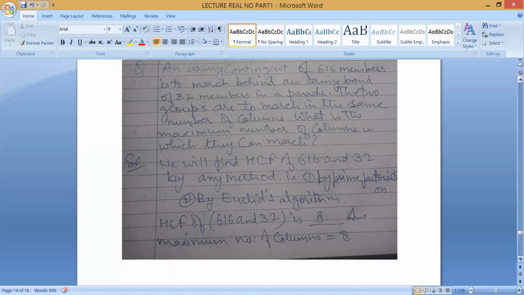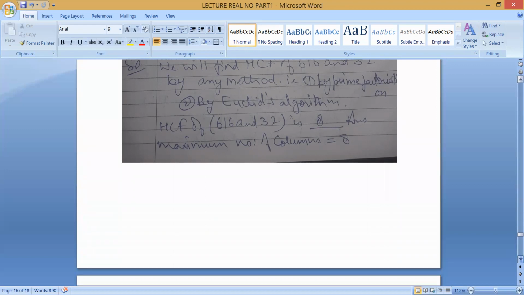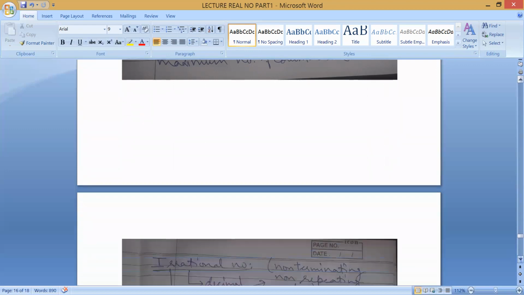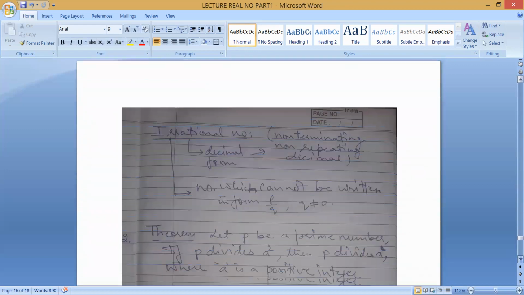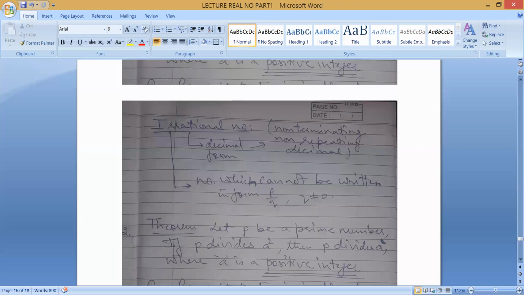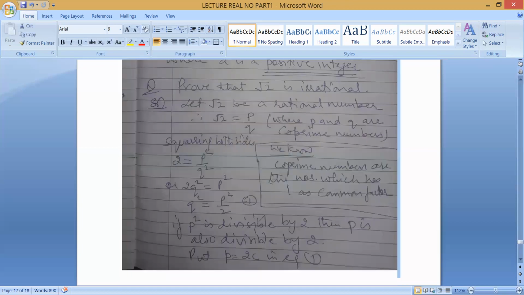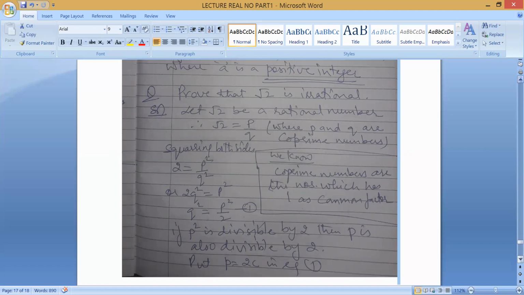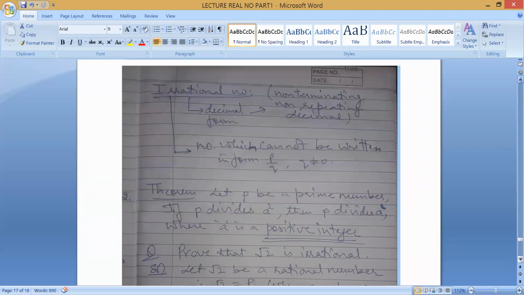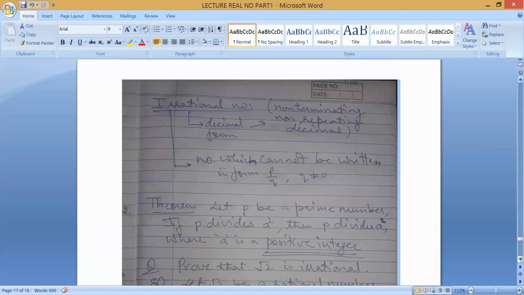Another question is a new concept, that is exercise 1.3. Before exercise 1.3, you must know what an irrational number is. I have explained irrational numbers in the introduction. They are numbers which cannot be written in the form of p upon q.